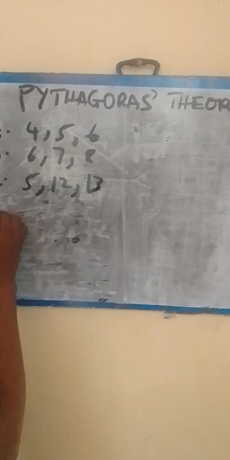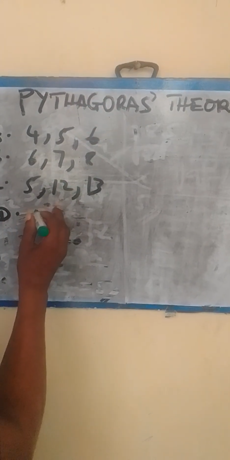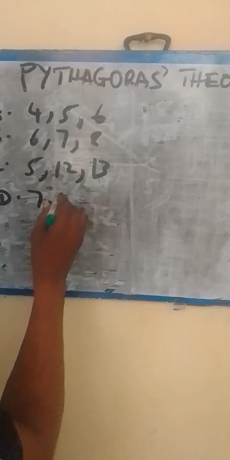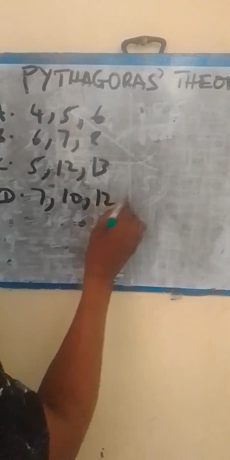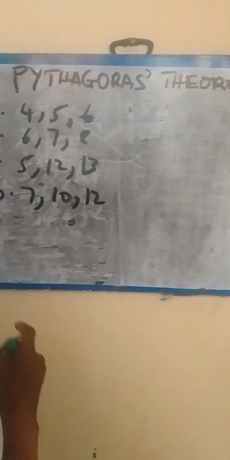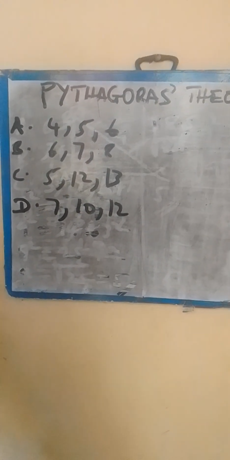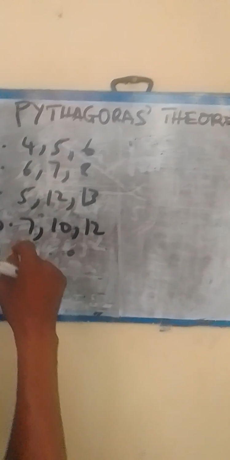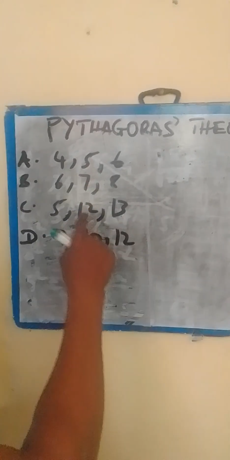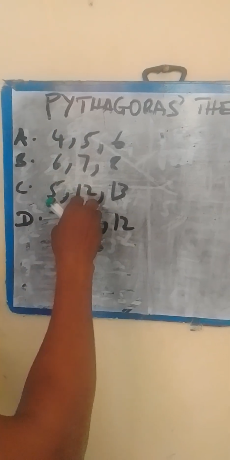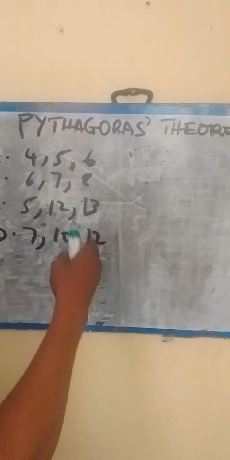And set D is 7, 10, 12. And now we are asked which of the following sets of numbers can form a right angle triangle. Which of the following sets of numbers can form a right angle triangle?